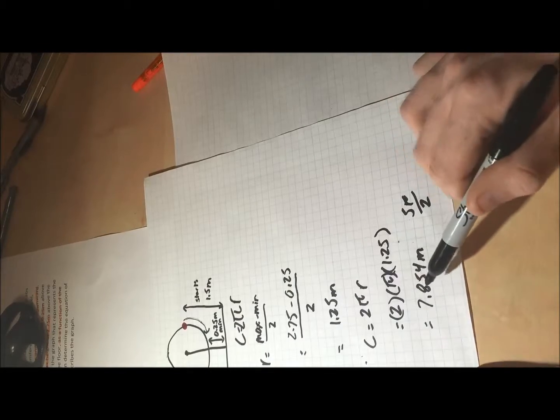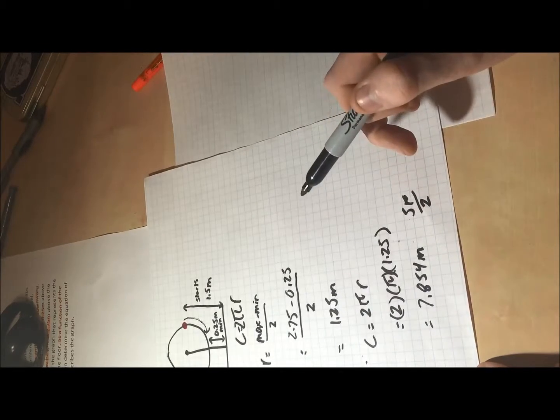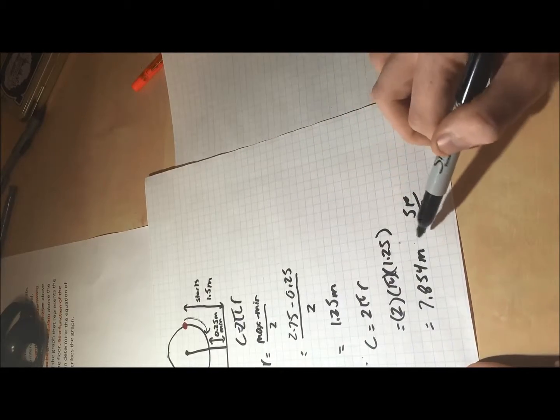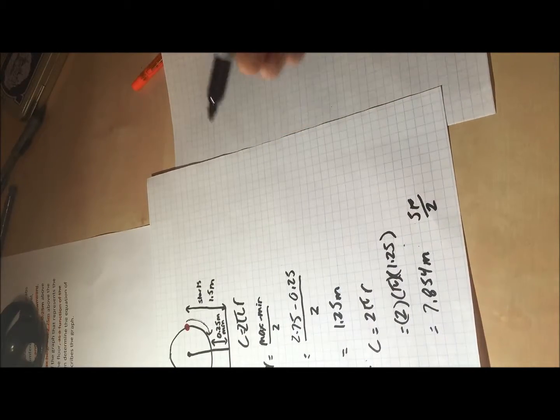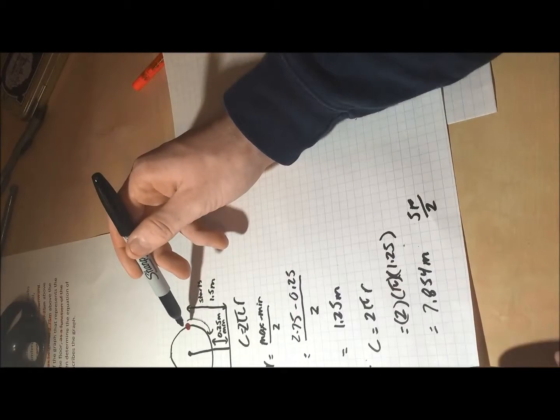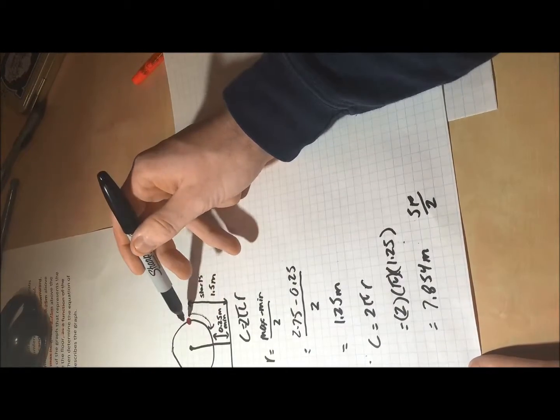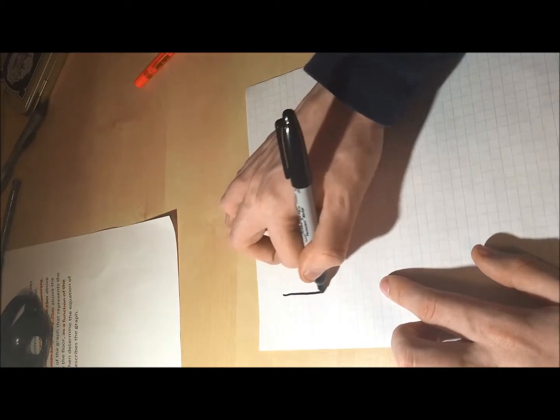Since we know that the total distance moved in one full rotation is 7.854 meters, that is the amount of meters that the peg must move in order to complete one full cycle. So we'll sketch out our graph here.